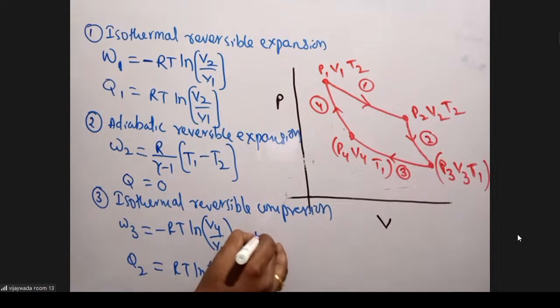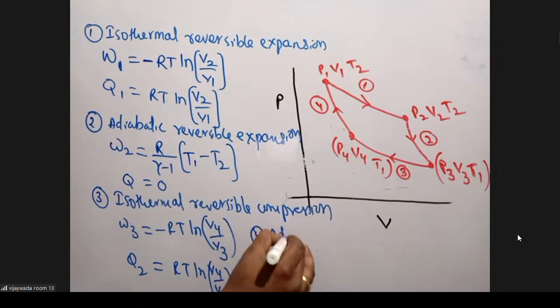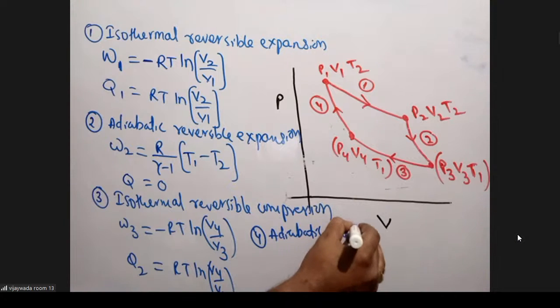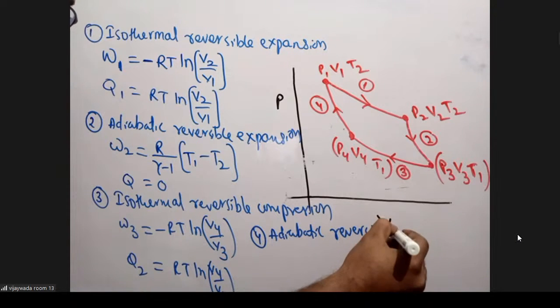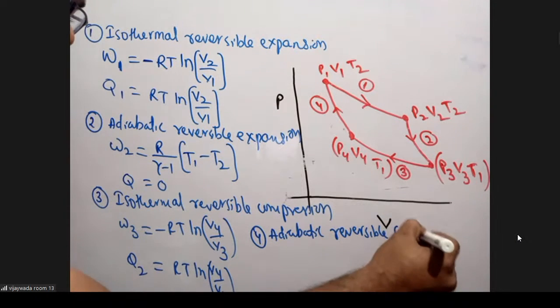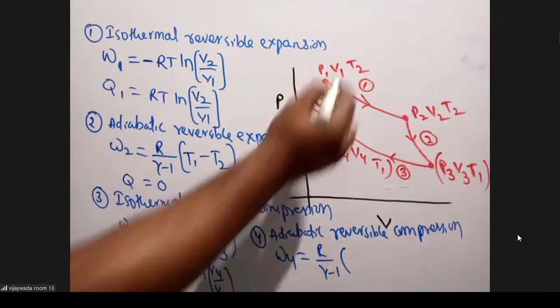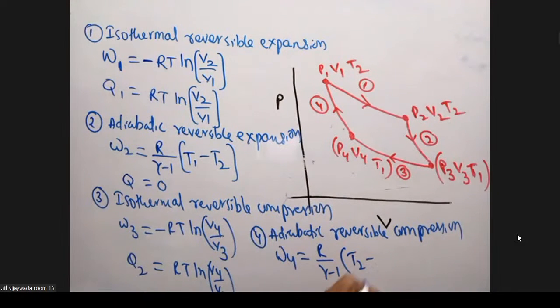And last process, adiabatic reversible compression of ideal gas, final process. And work done W4 equal to R by gamma minus 1. Now final temperature is T2, initial temperature is T1, and Q value here is 0. Students, okay?